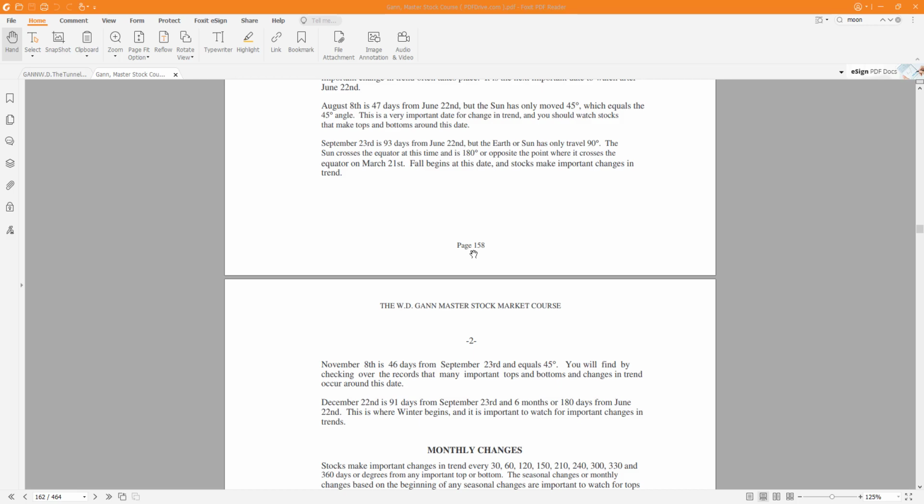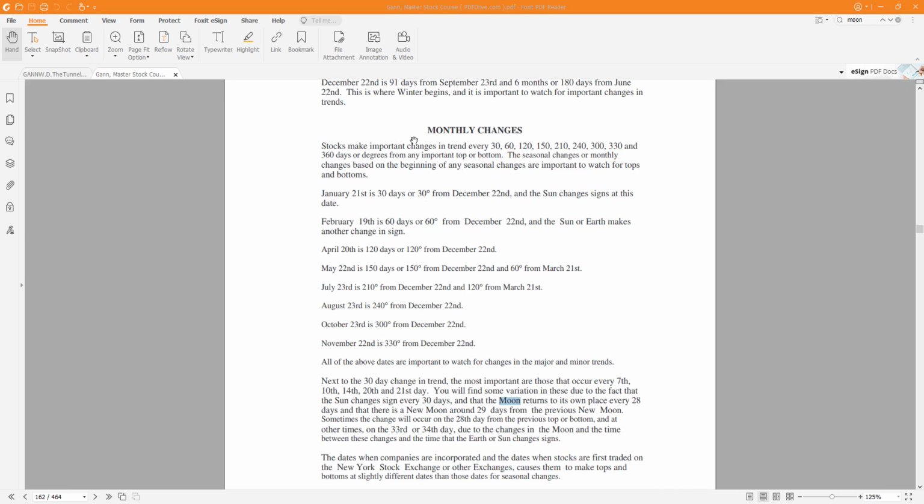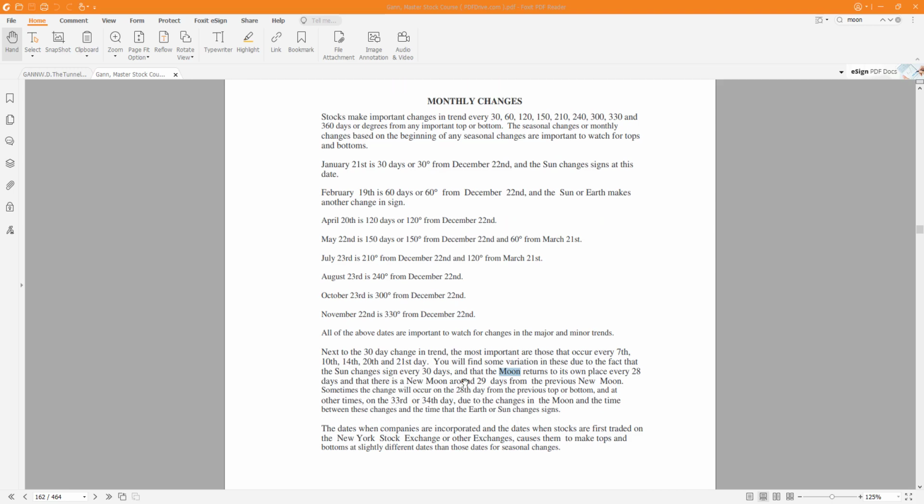So let's go back to the stock course. If I come to page number 159, you can see here we have some important information given by Mr. Gann, where he talks about the moon. In this place he is using the number 29, and also he has used the word around.